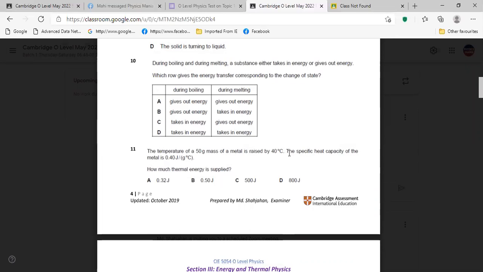When we read, we say joules; we write J, but we read joules. 0.40 joules per gram degree Celsius. Then you first identify the formula. It is about thermal energy supplied, so what should be the formula? MC del theta. Great.